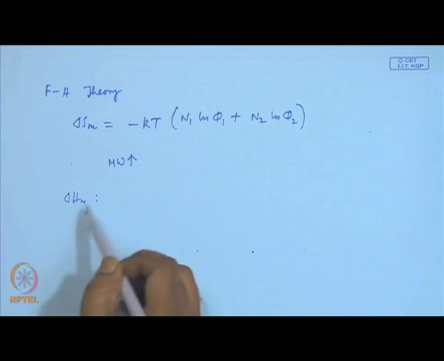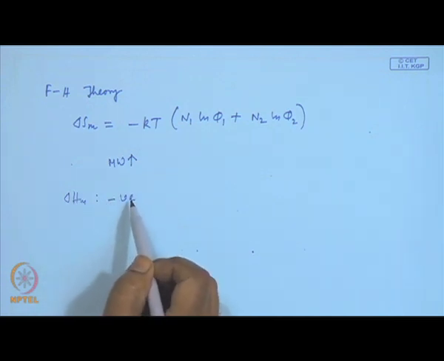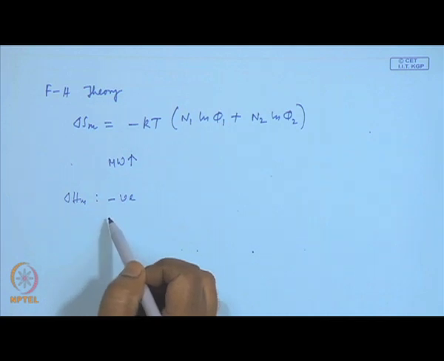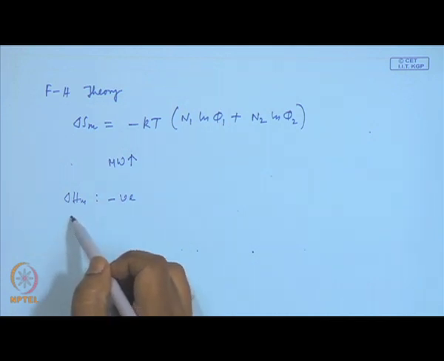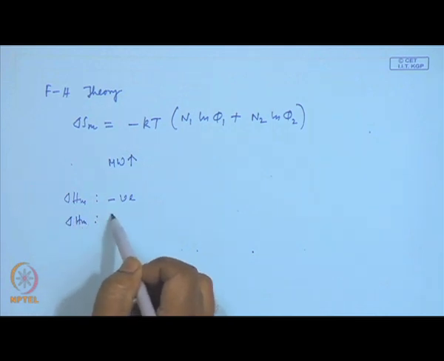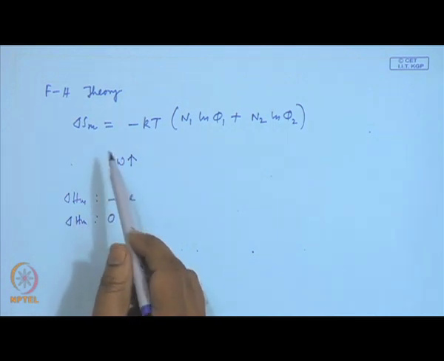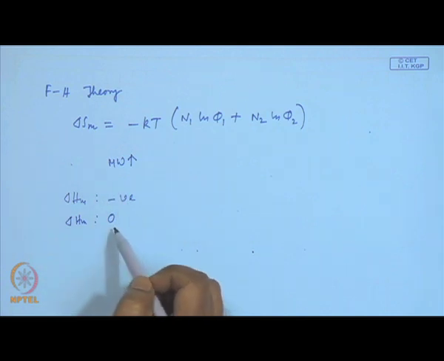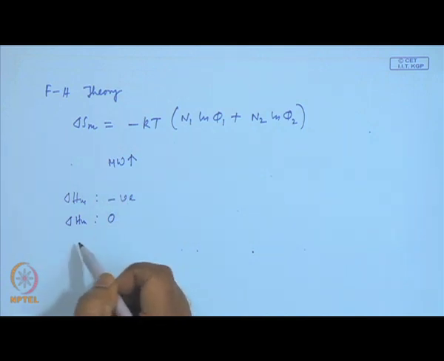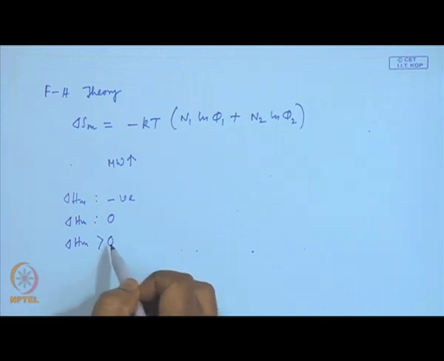If the enthalpy of mixing is negative enough, then the polymers will make a miscible blend, and even if it is 0, then because of slight entropy contribution, they may form a miscible polymer blend. But if this is positive, then obviously this will form an immiscible polymer blend.